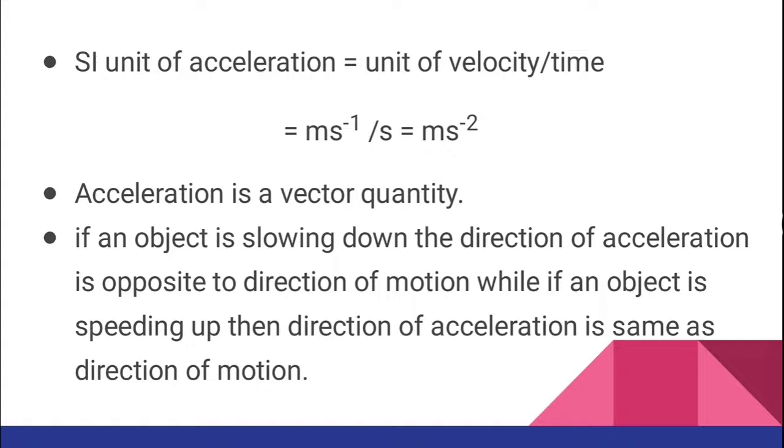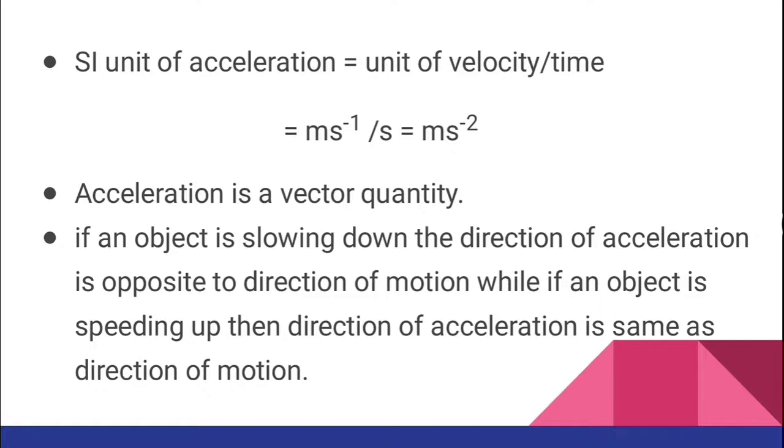This statement says if an object is slowing down, it means the object is initially traveling fast and after some time its speed is decreased. So if an object is slowing down, then the direction of acceleration is opposite to the direction of motion.